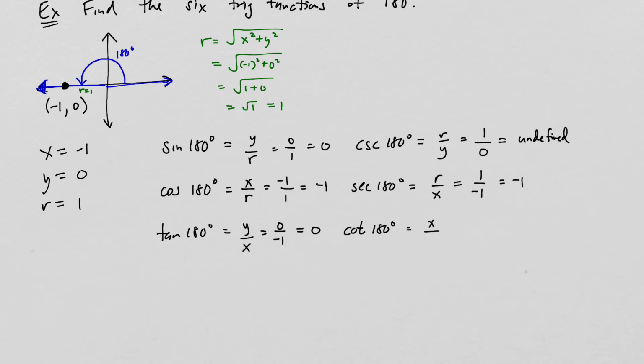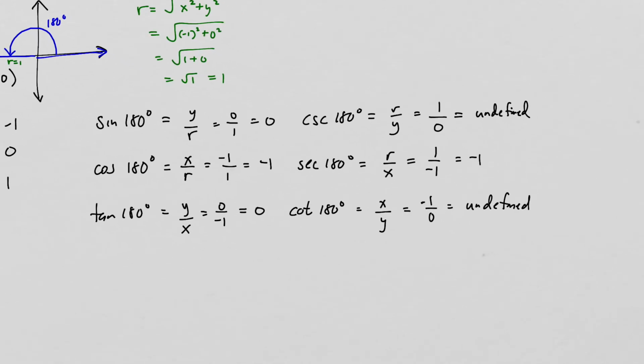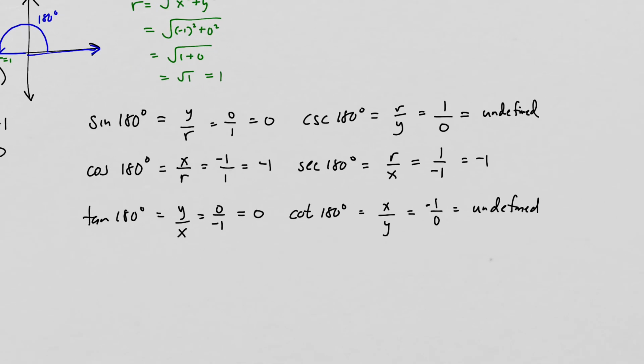And cotangent of 180 is x divided by y, which is negative 1 divided by 0, which is once again undefined. So these are the 6 trigonometric functions of the angle 180 degrees.